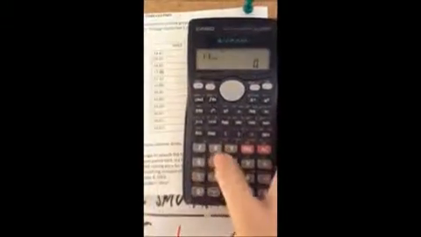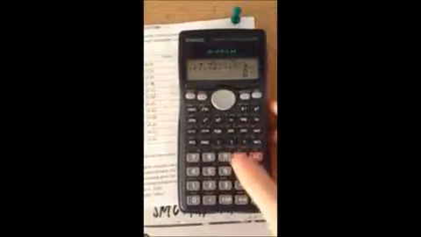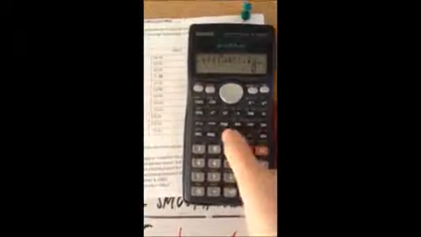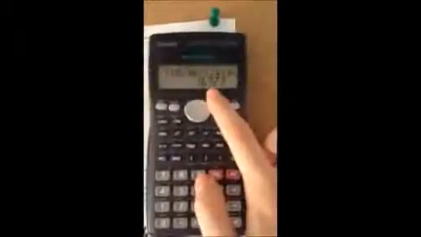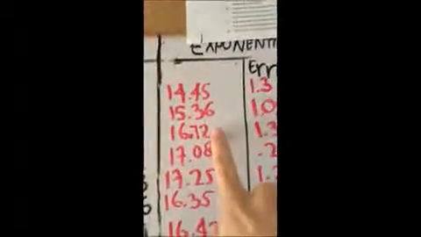From number 6, 15.96 times 0.4 plus 17.32 times 0.3 plus 17.49 times 0.2 and then plus 16.45 times 0.1. So we get 16.72. So here is the 16.72.